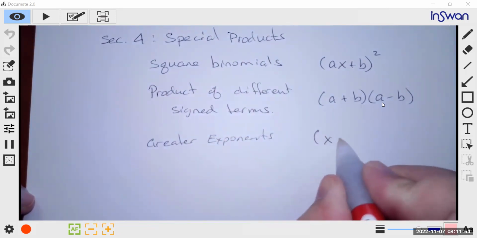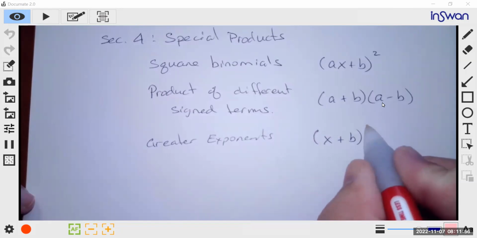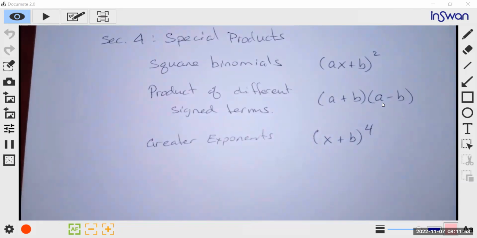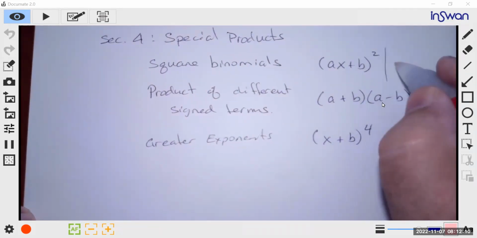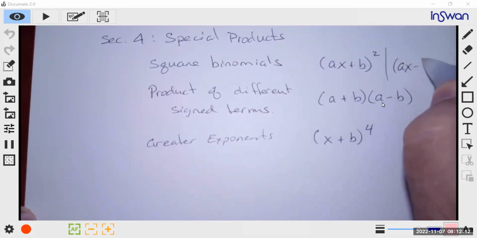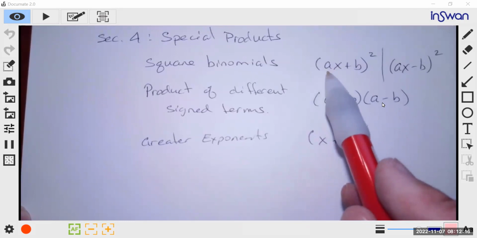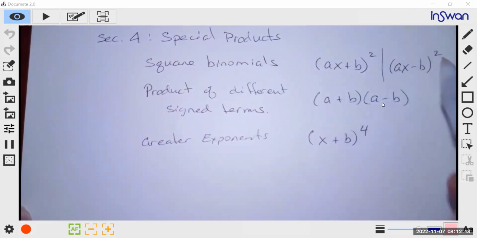If I gave you that, how would you multiply that? How would you find that? So for this first one, we're going to look at what happens when you have a binomial squared, what the signs are.